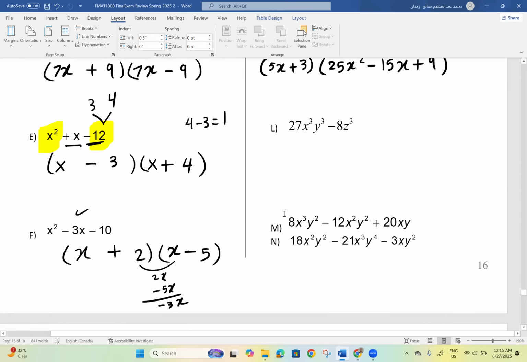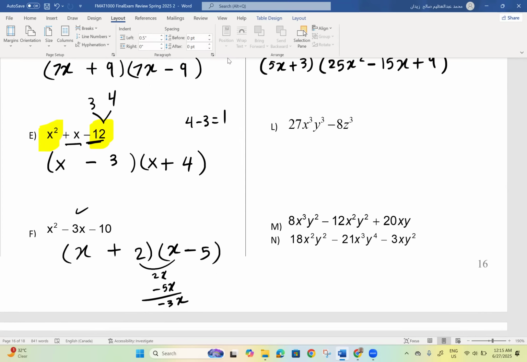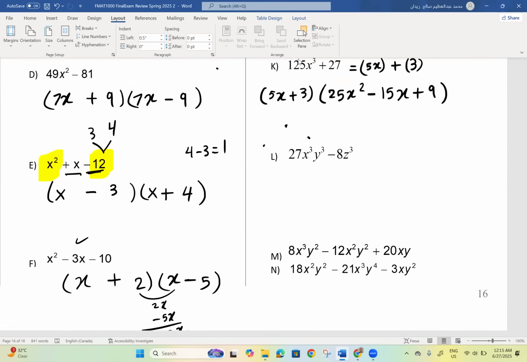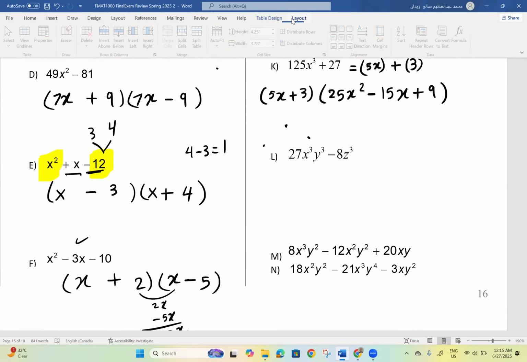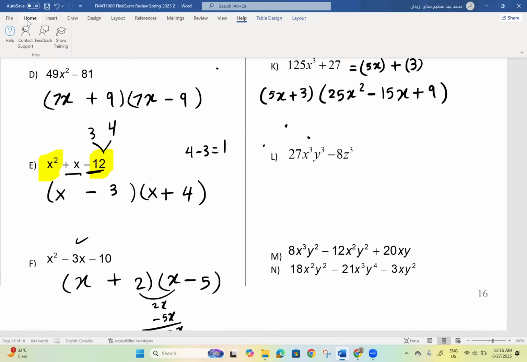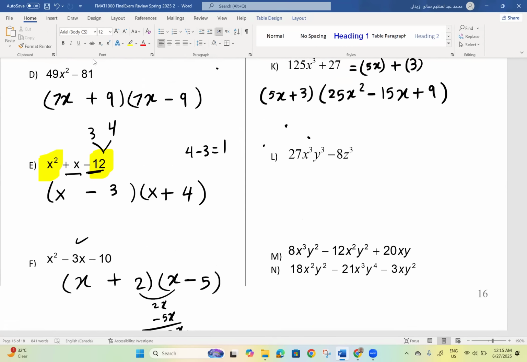This one, you can get the factorization of this one here. Okay. The factorization of, you just take a cube root of this and a cube root of this. Cube root of 27 is 3 in x and y.